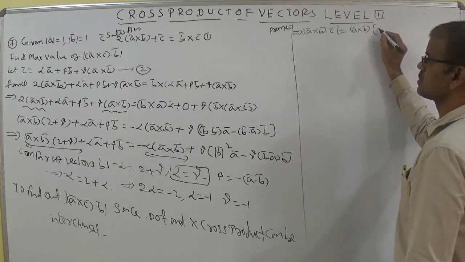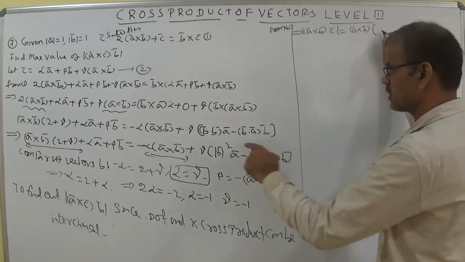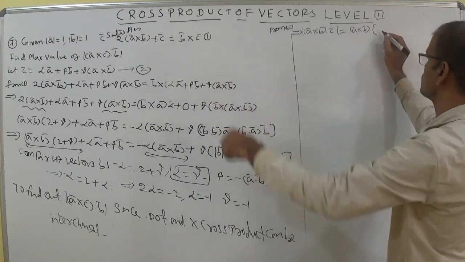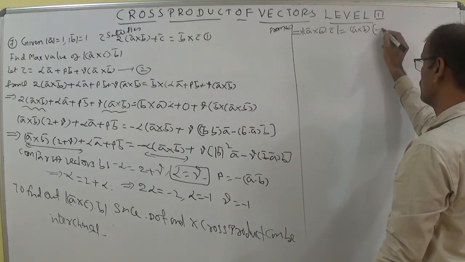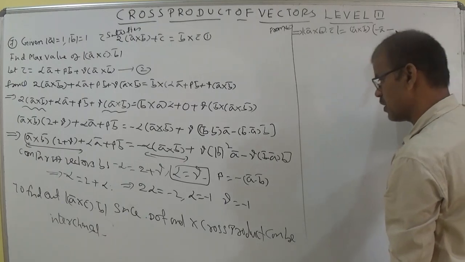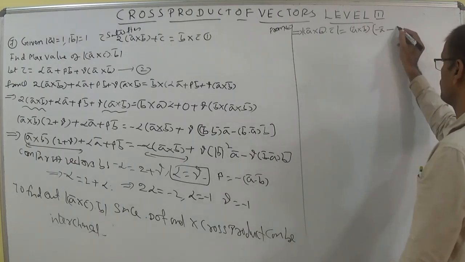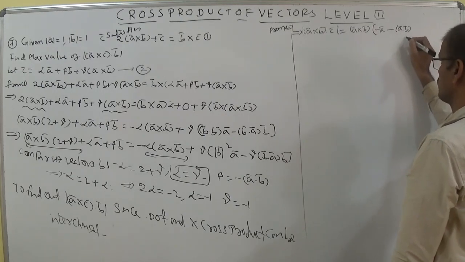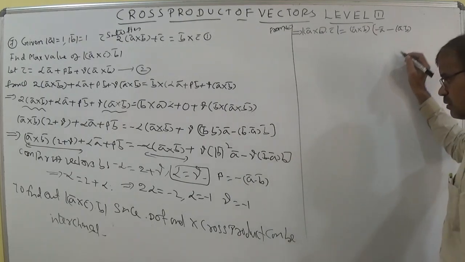Then A cross B into, instead of alpha I am writing minus 1. So minus A bar you write here. What is the value of beta? Beta value is minus of A bar dot B bar.